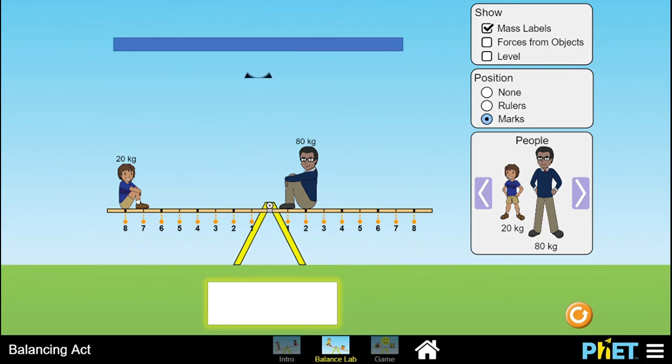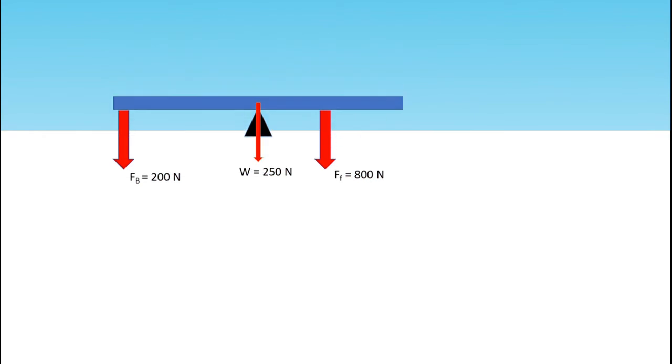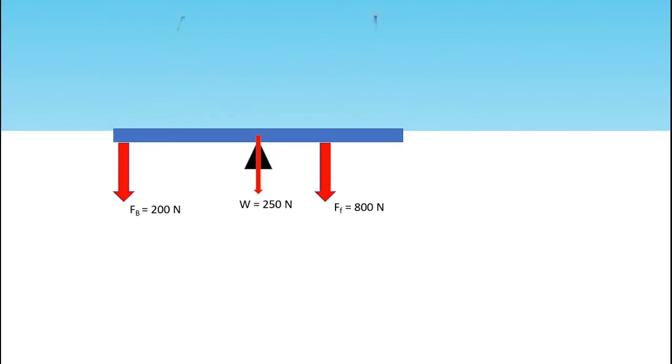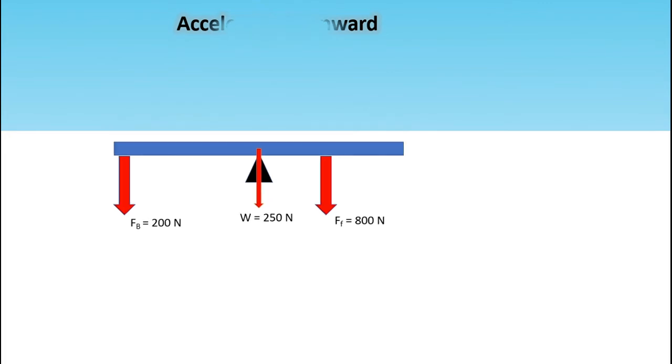In the drawing of the two people on the seesaw, two forces are shown acting downwards. There is also the weight of the seesaw itself. It's 250 Newton, which also acts downward through its midpoint. If these were the only forces acting, the seesaw would accelerate downward. Another force acts to prevent this from happening. There is an upward contact force where the seesaw sits on the pivot.